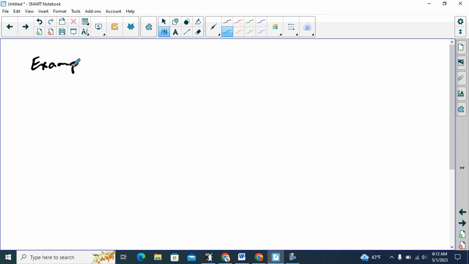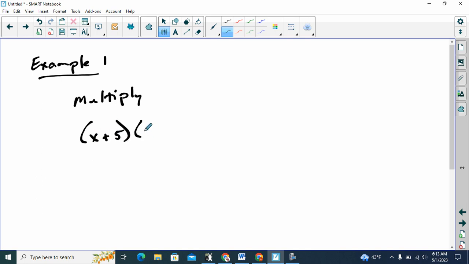Example 1, we are asked to multiply x plus 5 times x plus 2. We should recognize that this is a binomial times a binomial, 2 terms times 2 terms.